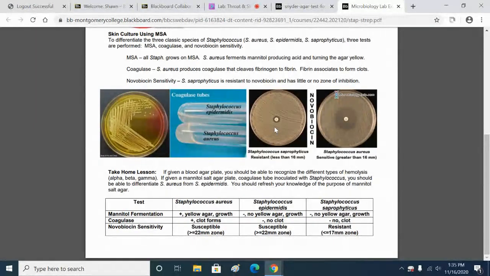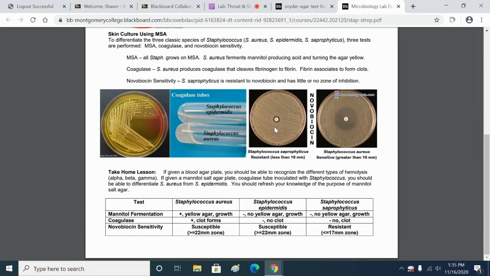Maybe there was contamination of something else. Right, contamination, because you are taking your bacteria from the MSA plate, right? So if your colonies are small, you have to use two colonies, one for coagulase, one for novobiocin. So if the colonies are not exactly identical, then you may have been testing two different organisms.